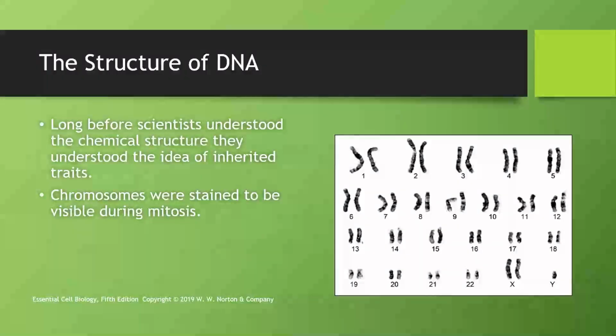So we came from those ideas of seeing the phenotypic traits passed down from generation to generation. Kind of the middle step is the idea that chromosomes could be stained and visible during mitosis.